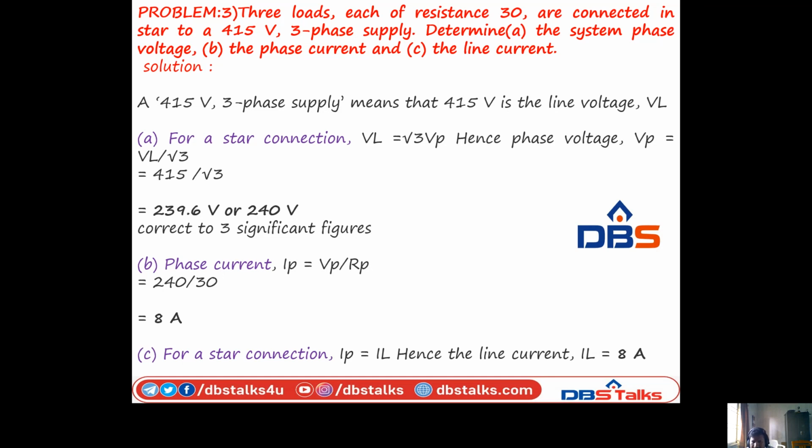IL is also 8 amperes. So for star connection, phase voltage is 240, phase current is 8 amperes, and line current is also 8 amperes.